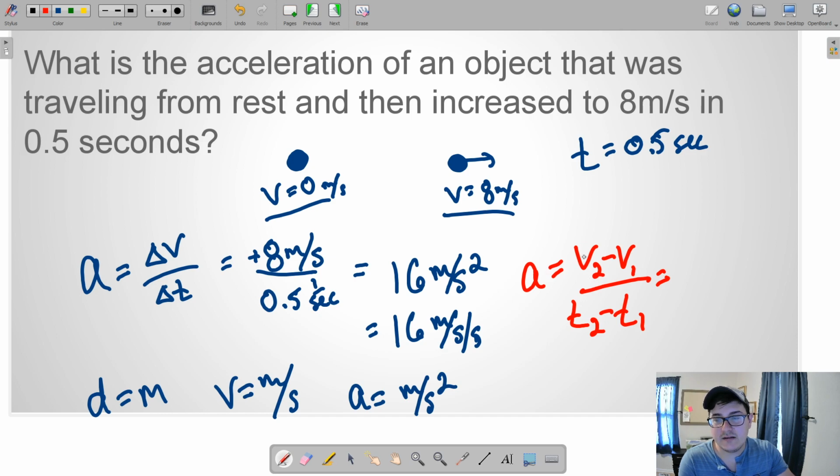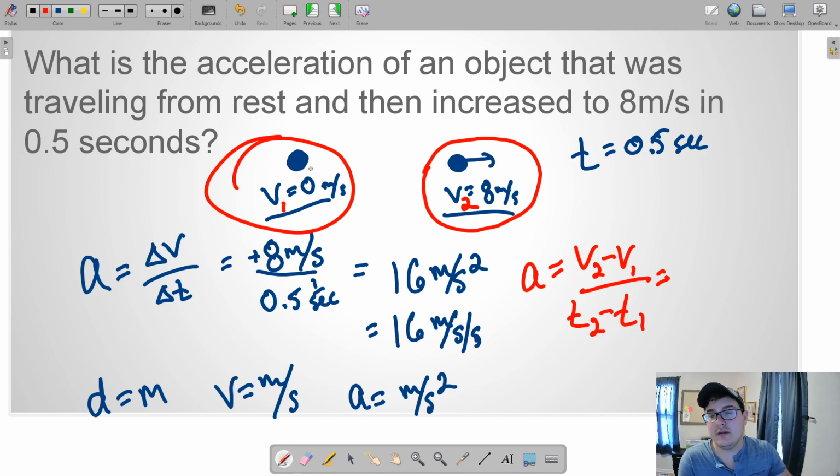What is my second velocity? Well, that's this velocity right here. It's my velocity after it has started. V1 is my initial velocity, what we had to begin with. So V2 is going to be positive 8 meters per second, and V1 is going to be 0 meters per second.